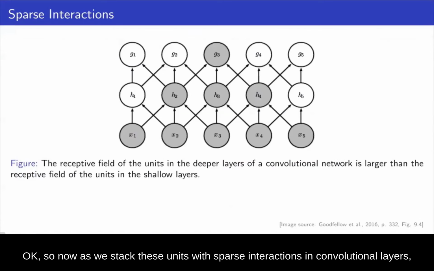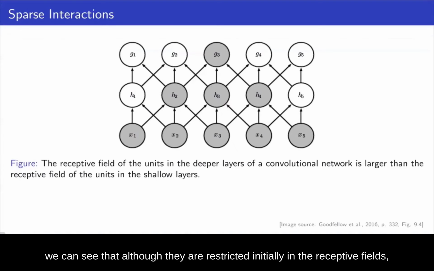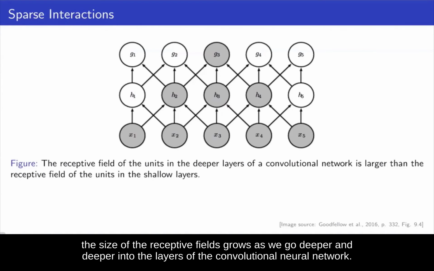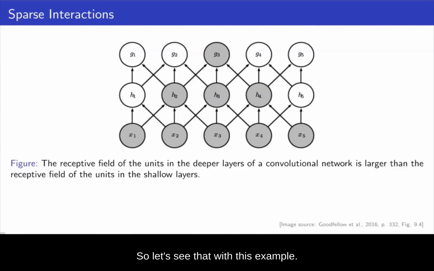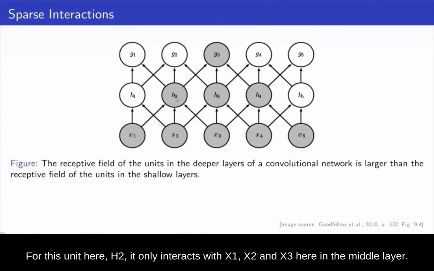Now as we stack these units with sparse interactions in convolutional layers, we can see that although they are restricted initially in the receptive fields, the size of the receptive fields grows as we go deeper into the layers of the convolutional neural network. Let's see that with this example. This unit H2 only interacts with X1, X2, and X3 in the middle layer.